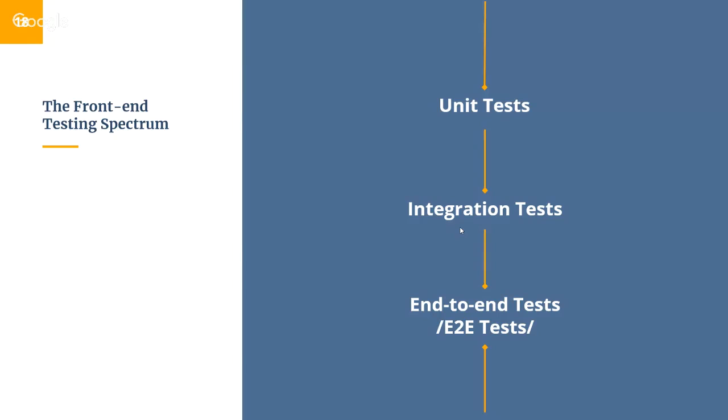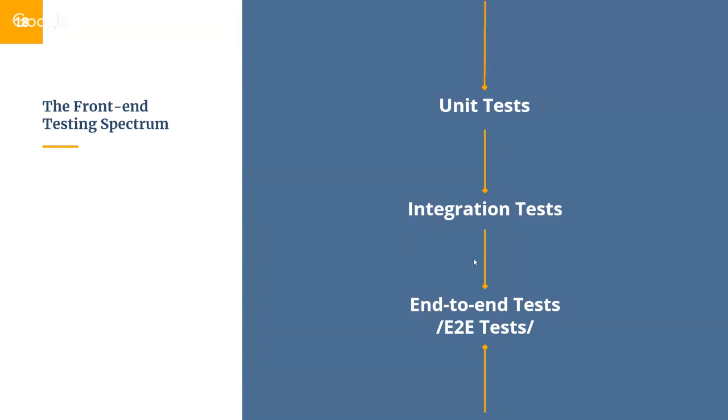This means that at one end of the spectrum, here in the upper corner of the slide, there are tests that test very small parts of the code, whereas on the other hand, down here in the slide, we have end-to-end tests which test pretty much all of the code.